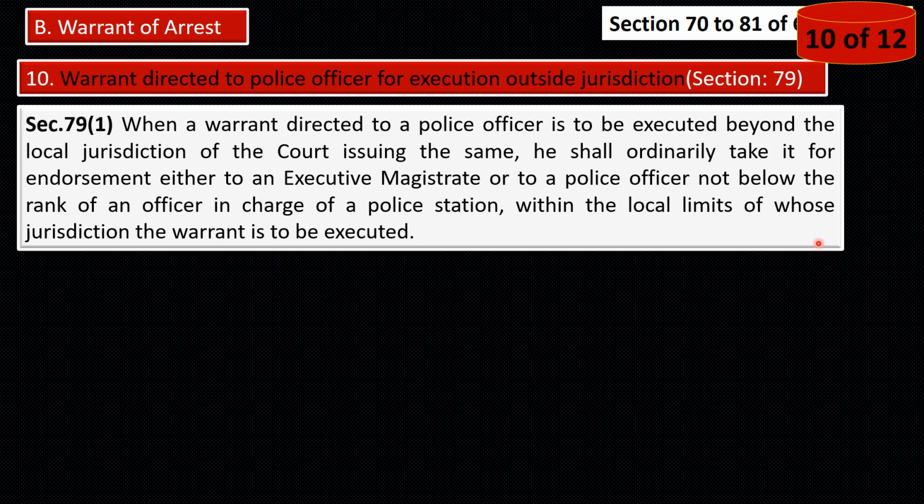So we already covered in section 78 that the court can execute a warrant outside the jurisdiction. Now in section 79, it is giving the court the direction: when a warrant is executed outside the jurisdiction and is directed to the police officer, it shall be endorsed either to the executive magistrate or the police officer not below the rank of an officer in charge of a police station, within the local limits of whose jurisdiction the warrant is to be executed.